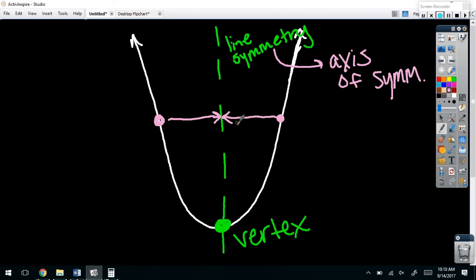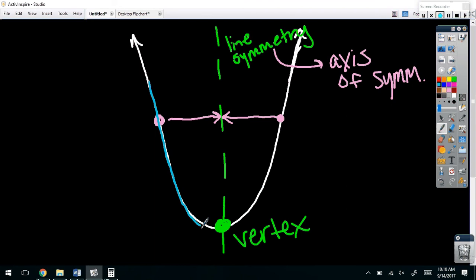All right. So we know it's symmetrical. We know that it has a vertex, and the line through the vertex is what divides the parabola in half, right? Trace your pencil from the left and start tracing the parabola. Am I going up or down?